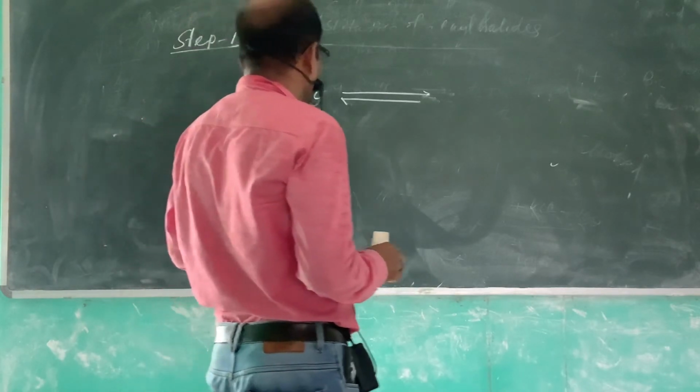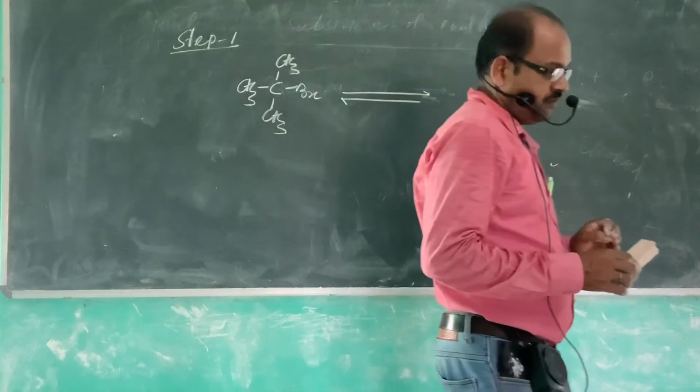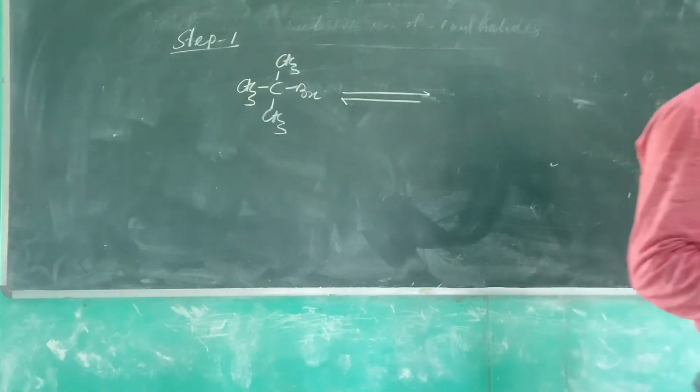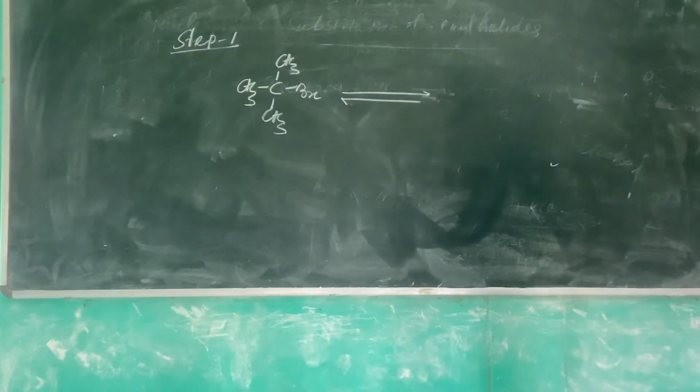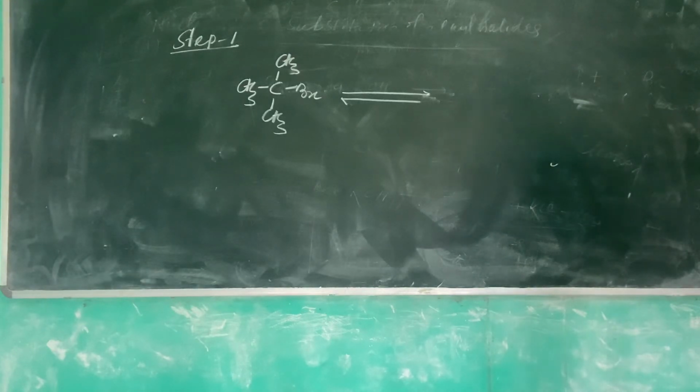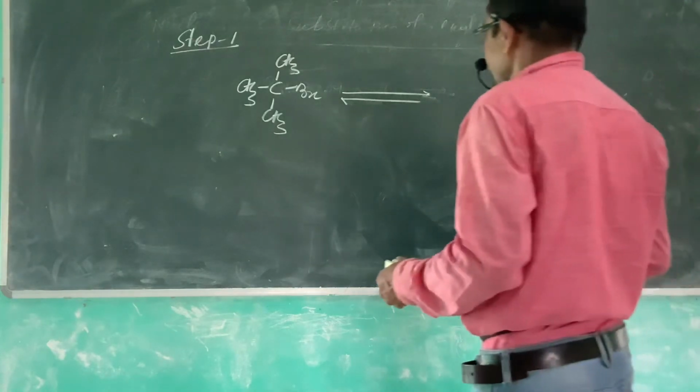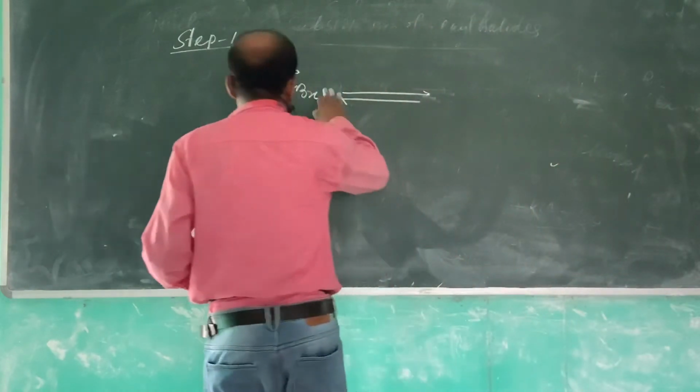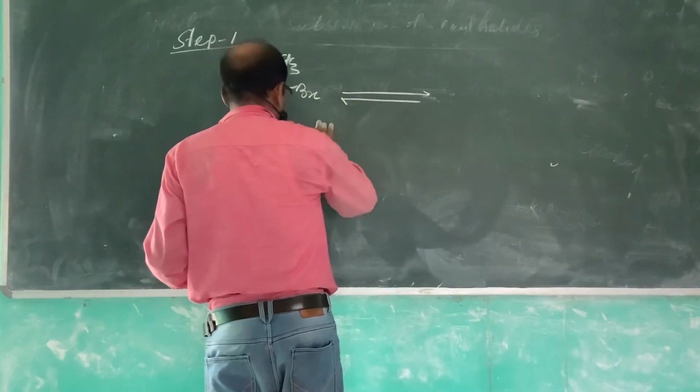That energy is obtained through solvation of a halogen atom, here a bromide ion, with the proton of a polar protic solvent.